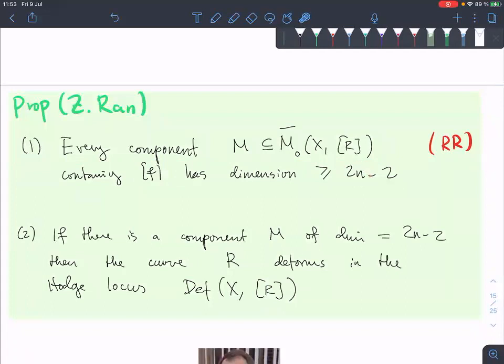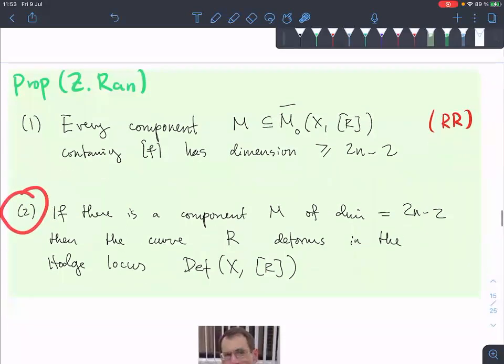So it's a lower bound on how big the components are, and this is just a dimension estimate, which you get from Riemann-Roch, basically. The second part is deeper.